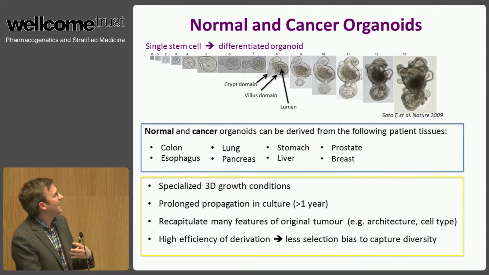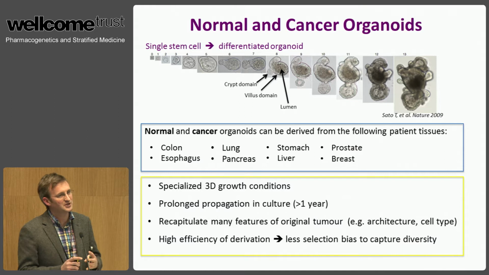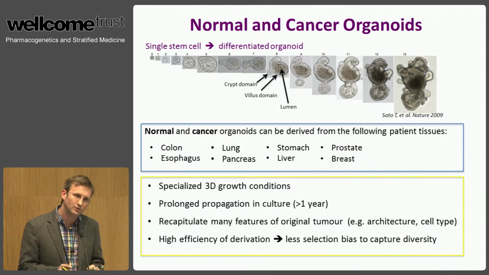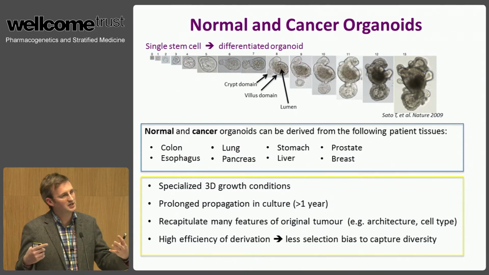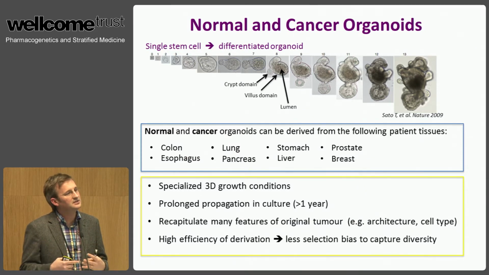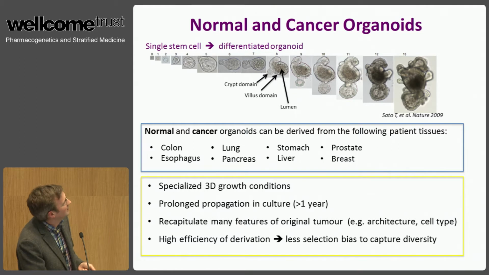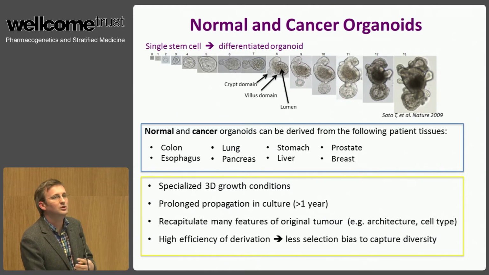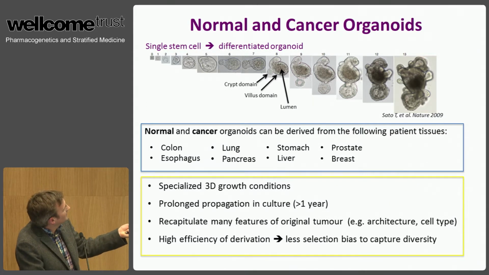So for example, it crudely captures some of the architecture of that organ, as well as the cell type. So you get differentiation of these stem cells into the different cell types. You're able to do this now from a host of different tissue types, so it's very applicable across many tissues and tumor types. It requires specialized 3D growth conditions.